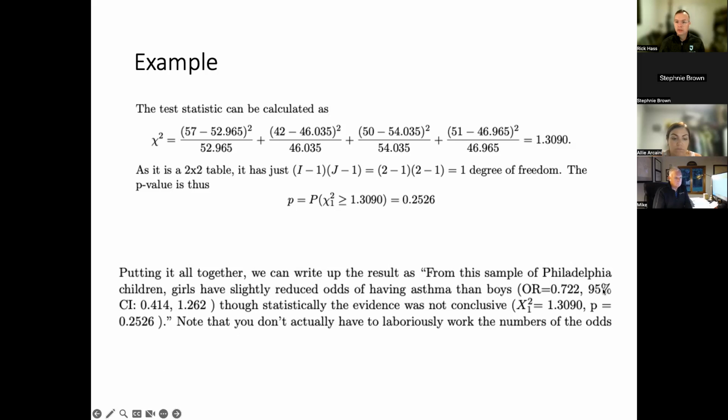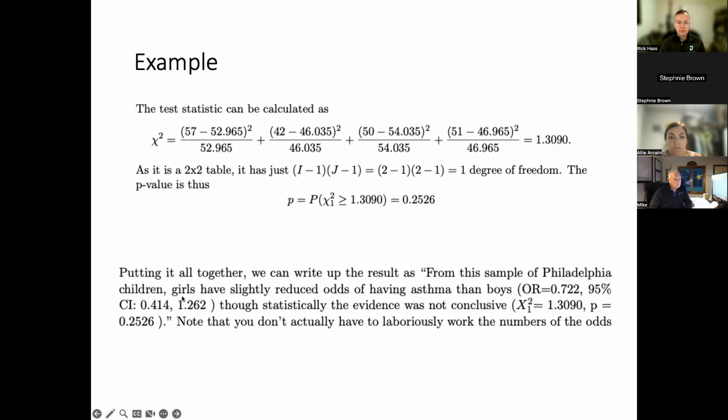So this is just another example that we can, in fact, use confidence intervals for hypothesis testing. This will always agree with our p-value. Our p-value says that our evidence against the null is not conclusive.